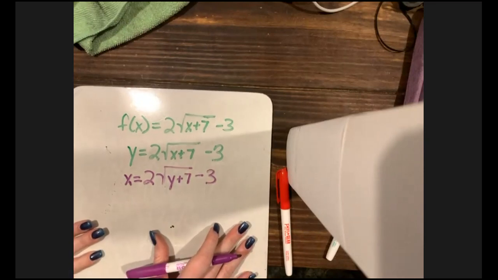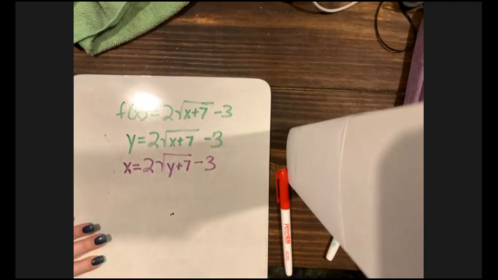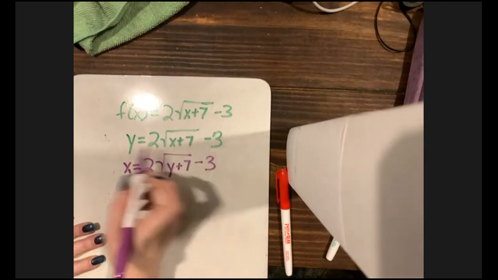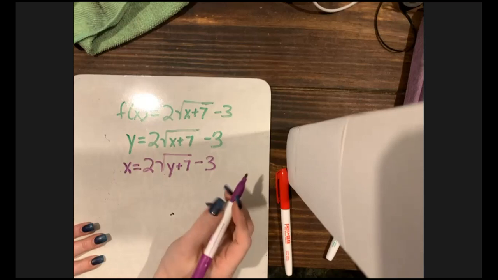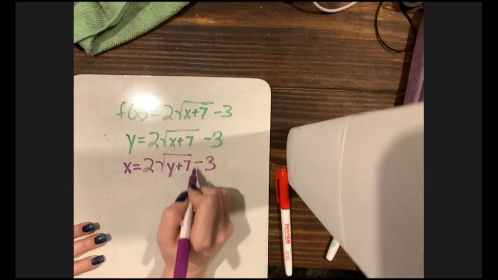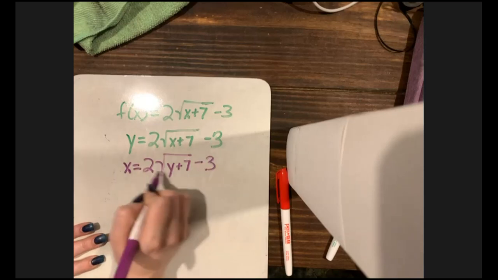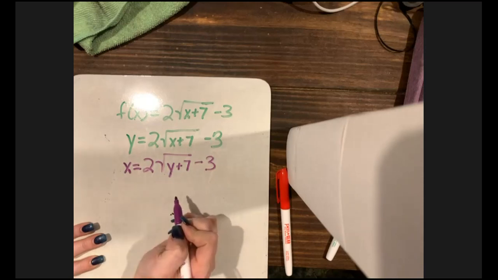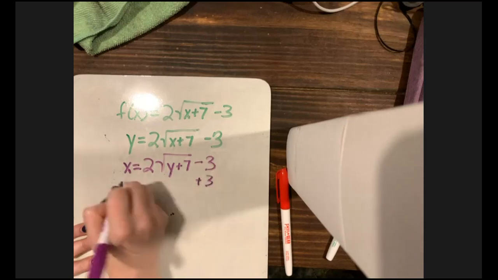Now we're going to start peeling away layers. So when we look at this, the first piece that's got to go is this -3 back here at the back, because, again, I'm trying to get y back by itself. I've got to start peeling away the layers.